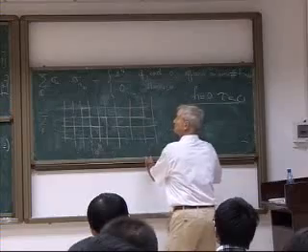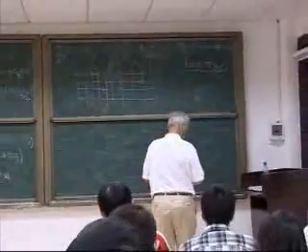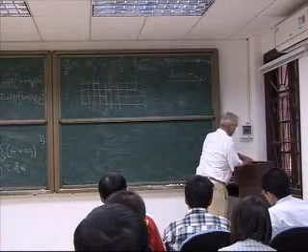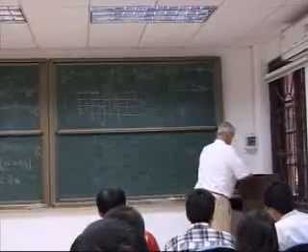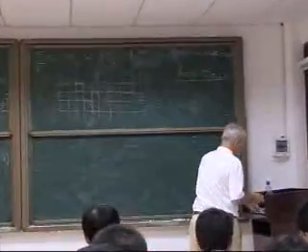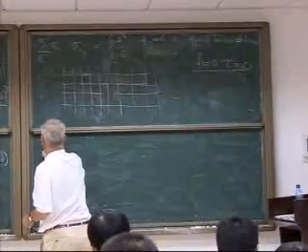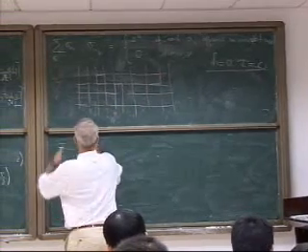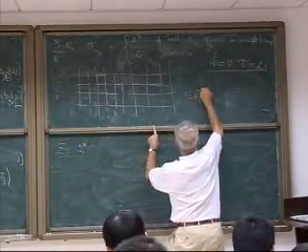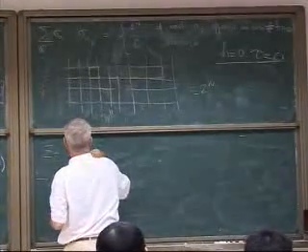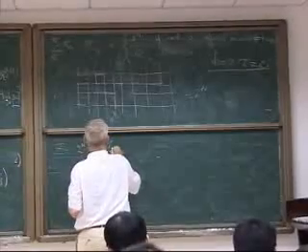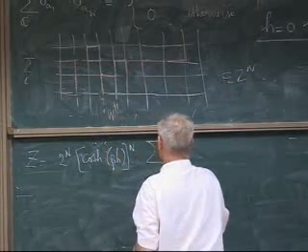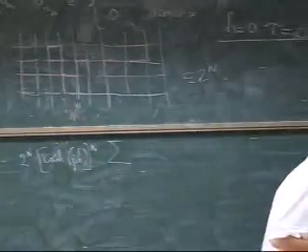Therefore, we found Z equals 2 to the n, this is this 2 to the n, cosh beta h to the n, sum over, how did I call this?